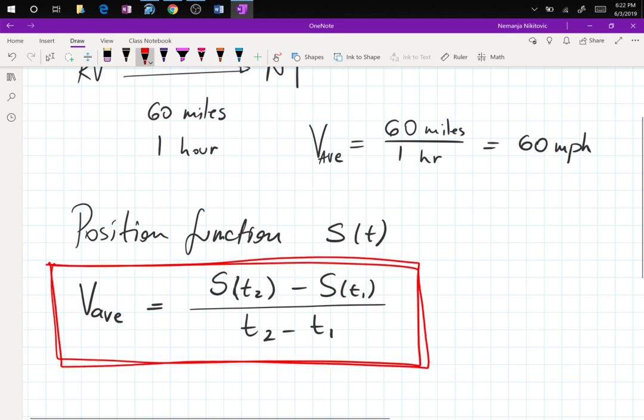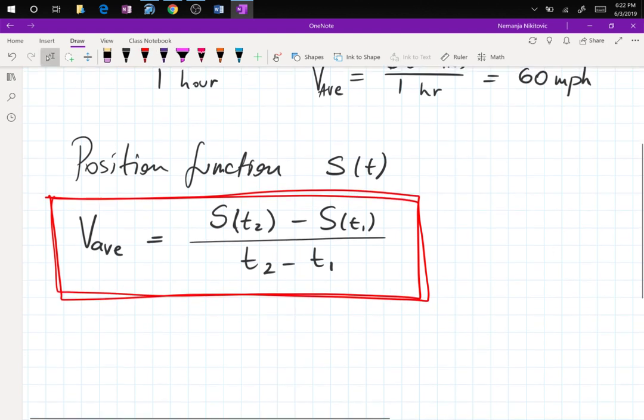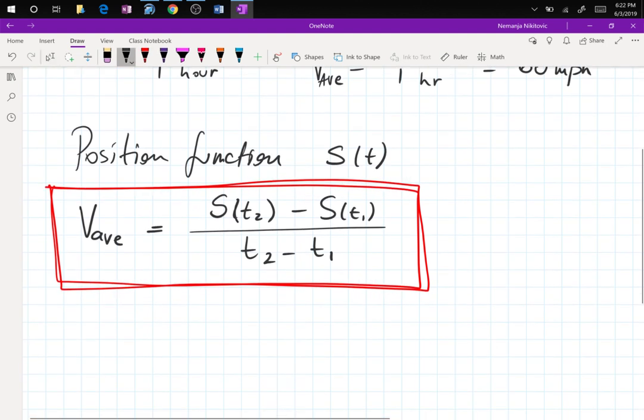Now you can compute the average velocity using that formula, and that's just a standard physics formula. However, we are interested in instantaneous velocity. That's the one you get ticketed for if it's over the posted speed limit.